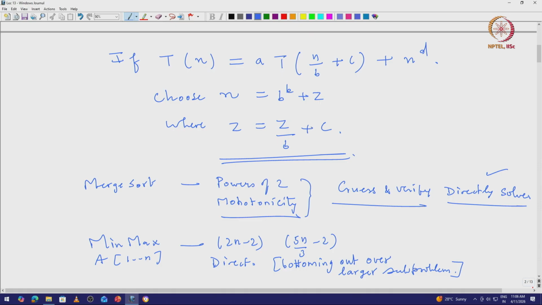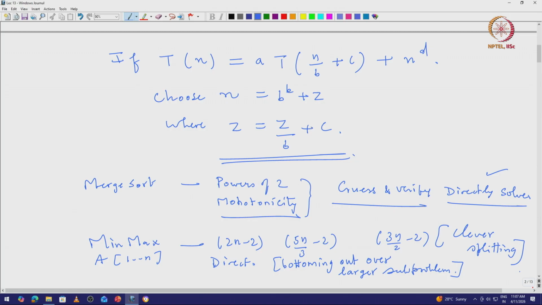We have found out that for the min-max problem, a very clever splitting is possible, which would reduce the complexity to 3n by 2 minus 2. This is using clever splitting or clever dividing. So these are the ways in which you can look for improving a divide and conquer algorithm. You may come up with a simple divide and conquer algorithm.